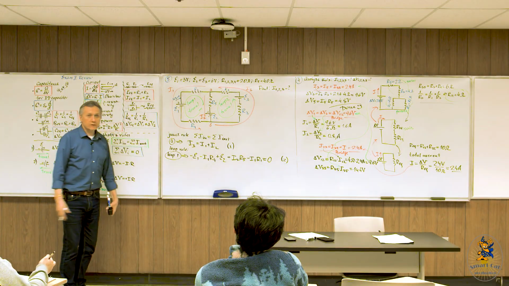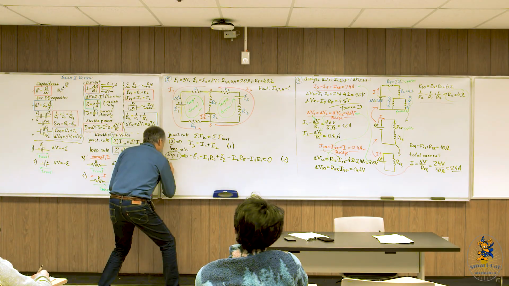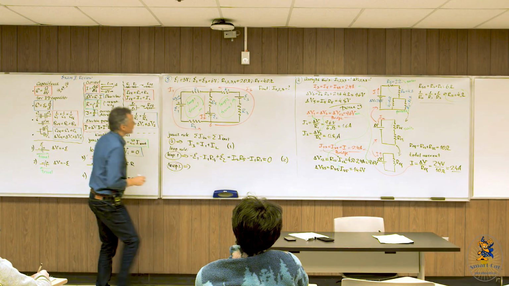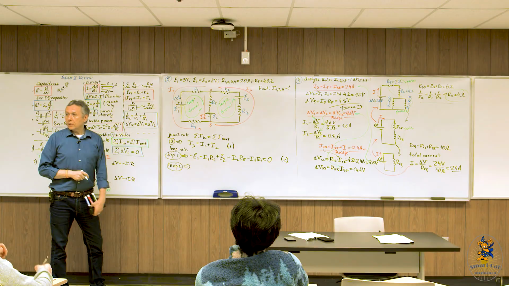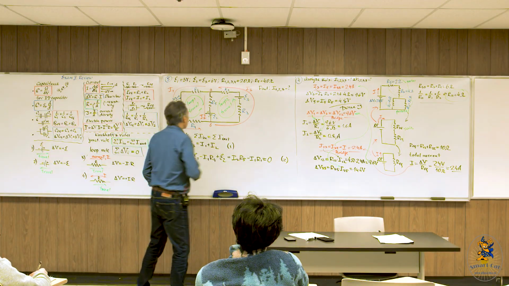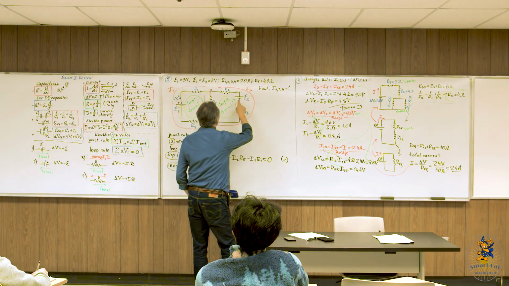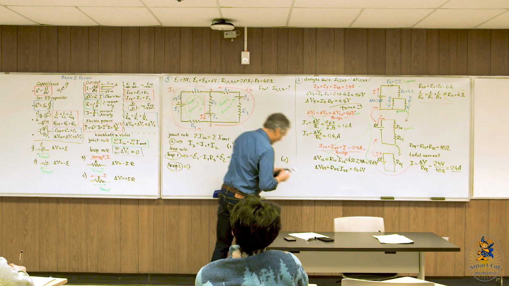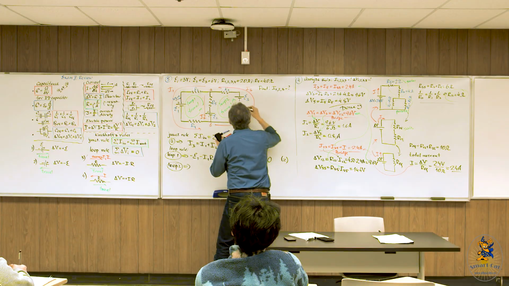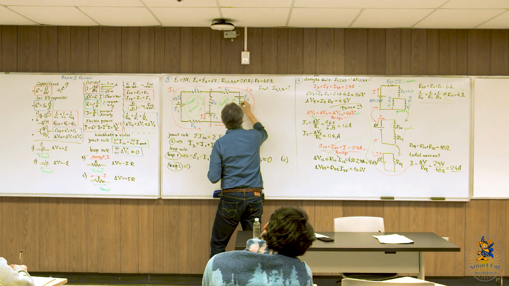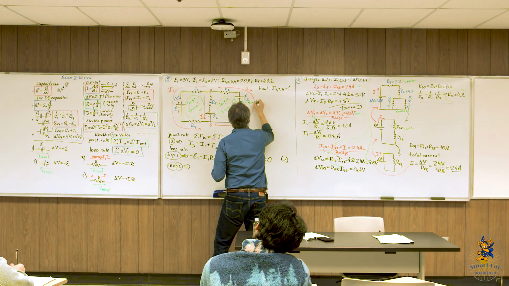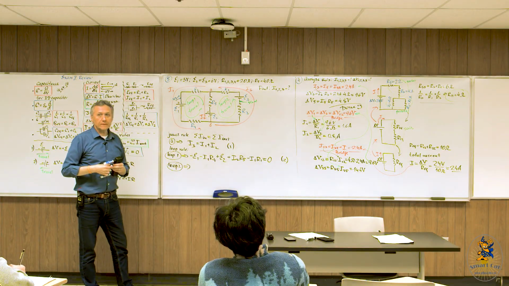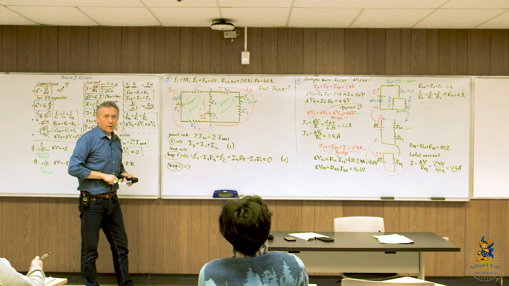So now this final equation, loop 2. Where should I start? I would probably start here. Let me check. Yeah, that's my starting point. And so first I move across epsilon 3, right?